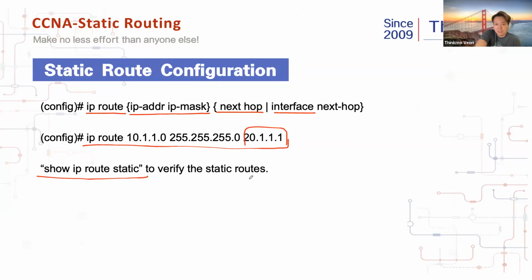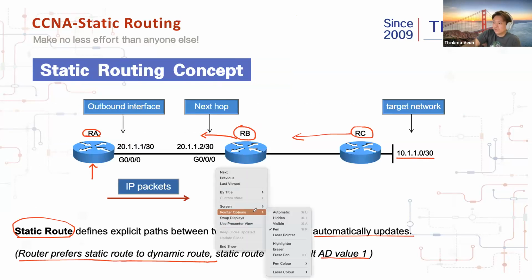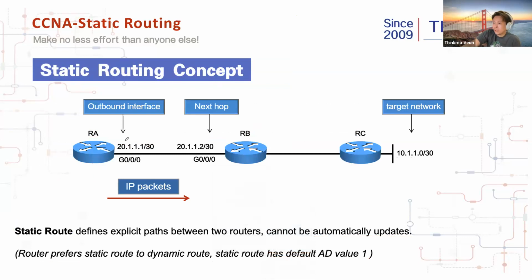If you have configured dynamic routing in the same router, and the router learns the route, for example, in this diagram, my router A has configured one static route here with the AD of 1, and I also configure OSPF here. OSPF helps router B share the routing information to router A, saying, use me as a next hop to send the packet to this destination network.